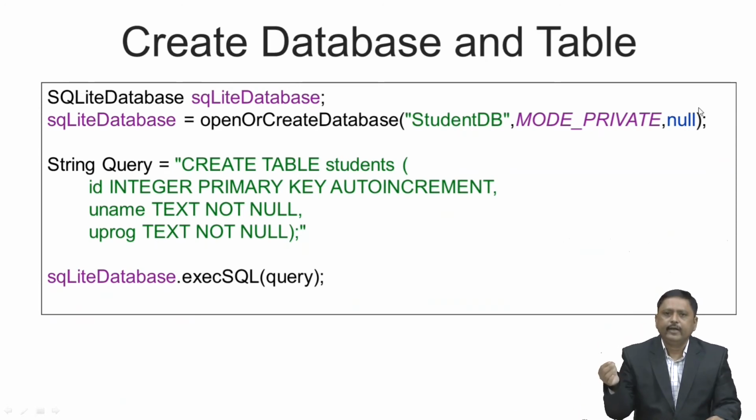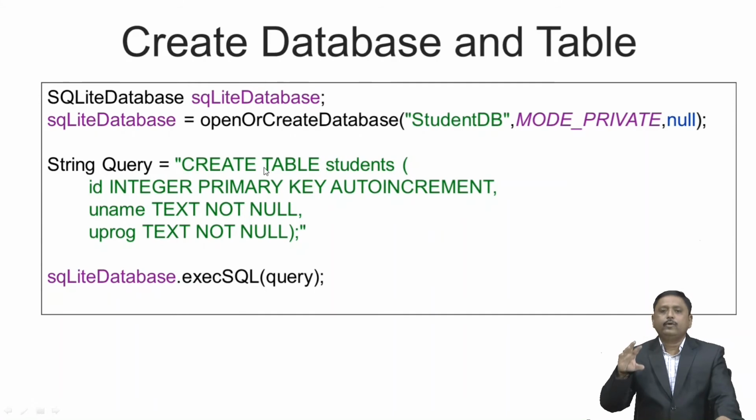We generally specify the third argument as null. This statement will create a database called studentDB if it does not exist, otherwise if it exists then it will open that database. We have created the database using these two lines, right.